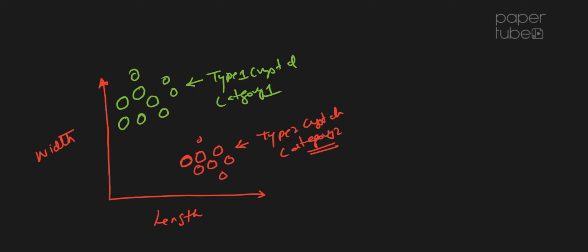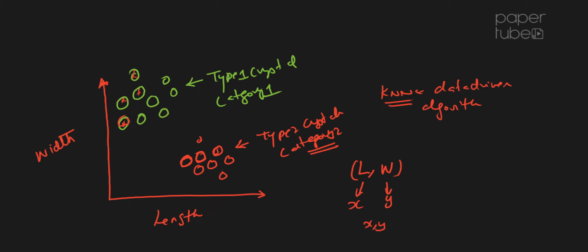These circles are data points. The KNN algorithm is a data driven algorithm. So to implement the KNN algorithm, obviously you need some data. The circles which you see in this plot are nothing but data points. Imagine you have a length and width. If you put length as x and width as y, then x comma y becomes a data point.